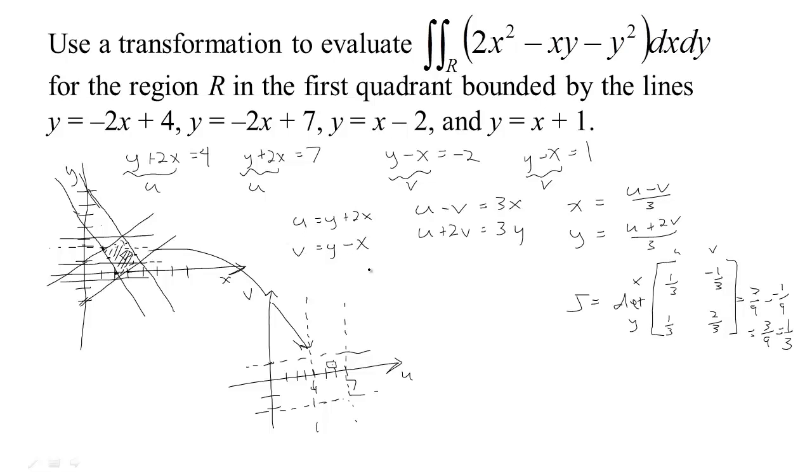If you calculate the Jacobian here, we've got u and v as the outputs and x and y as the inputs. The partial of u with respect to x is 2. The partial of u with respect to y is 1. The partial of v with respect to x is negative 1. The partial of v with respect to y is 1. And so we take the determinant of that. In our Jacobian determinant, we have 2 minus negative 1, which would be 3. You see the relationship there?